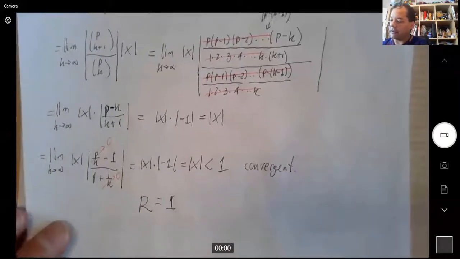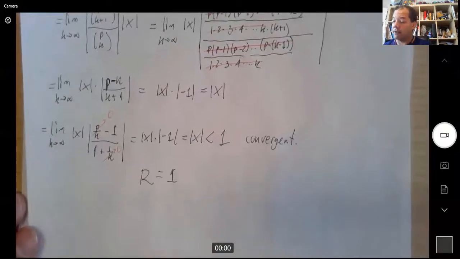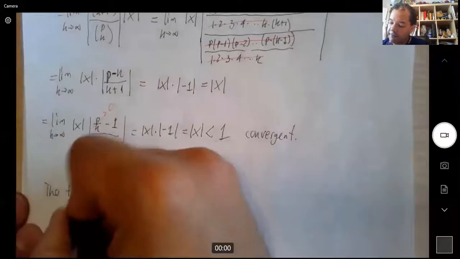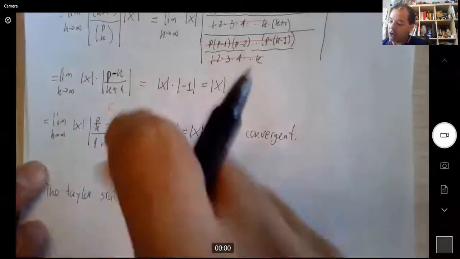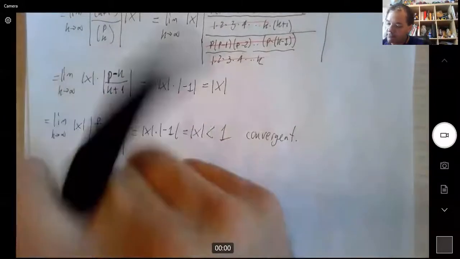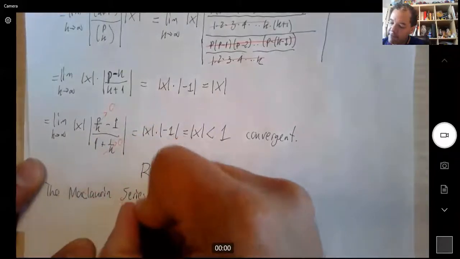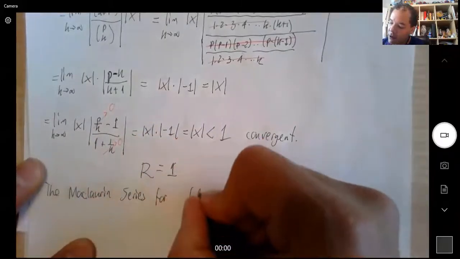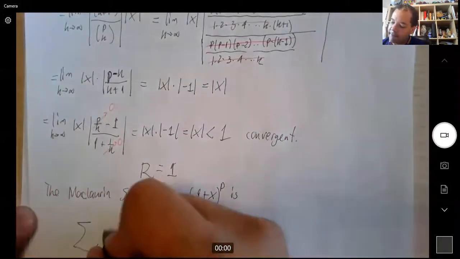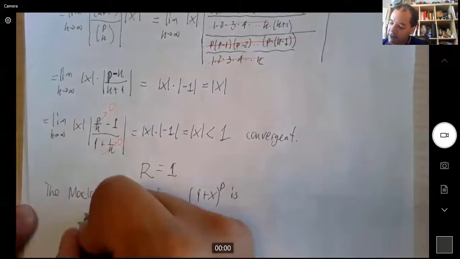Let's just say that this new Taylor series that we came up with, the Maclaurin series, because it's centered at 0, the Maclaurin series for 1 plus x to the p is the sum of p choose k, x to the k, from 0 to infinity.